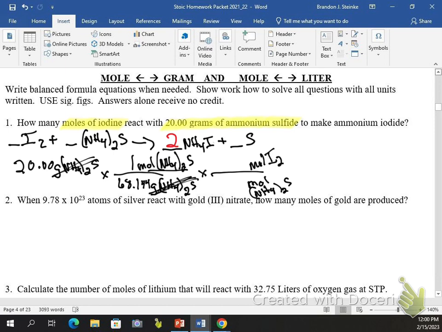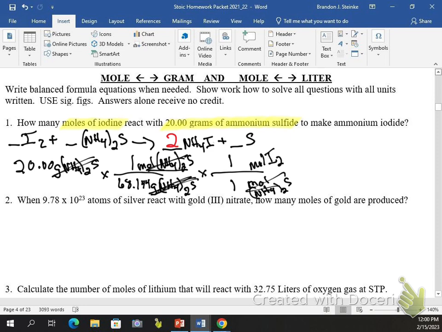Now I need to go balance an equation somewhere. That wouldn't be completely out of order, but you should notice that you need to stop right there to get that balanced equation. But now that we already have it, what coefficient goes with moles of (NH4)2S? 1. What about iodine? 1. And there you go.